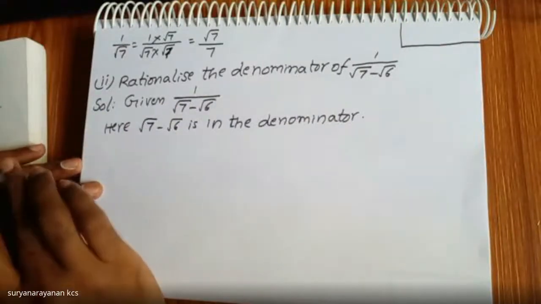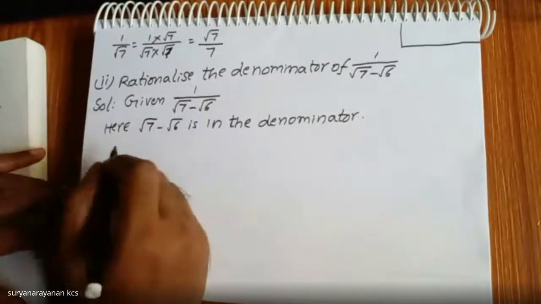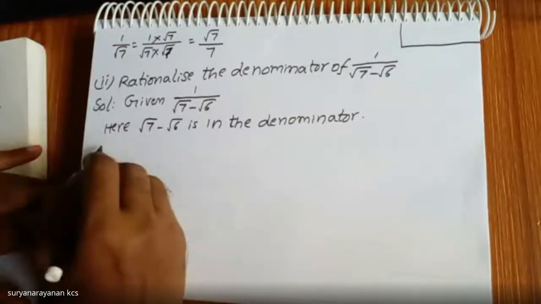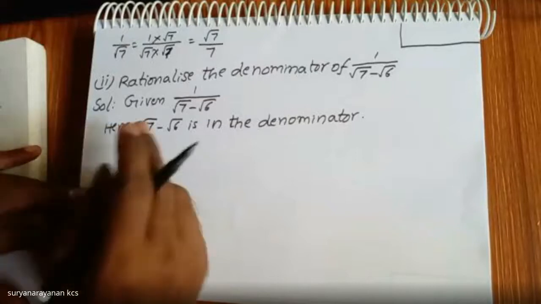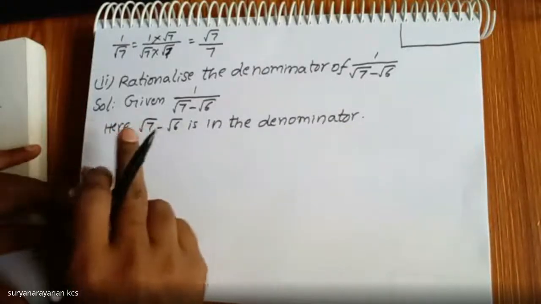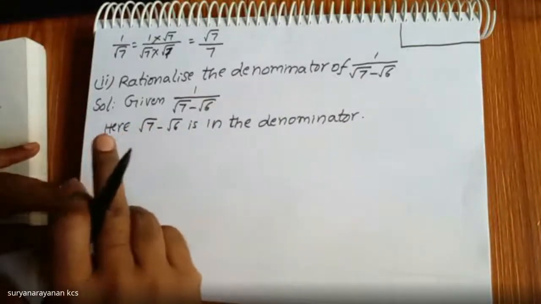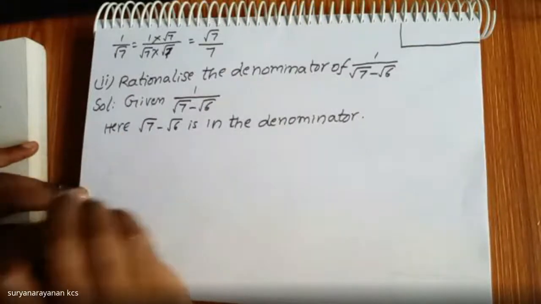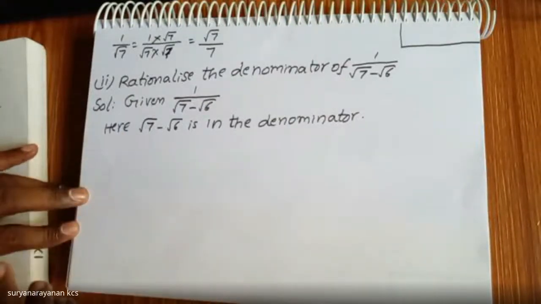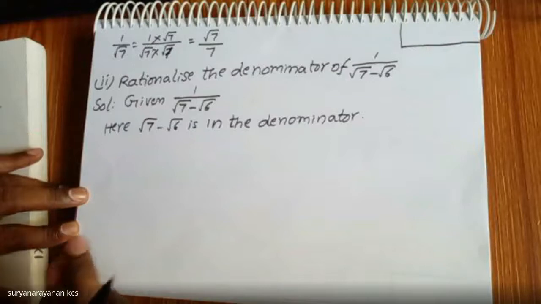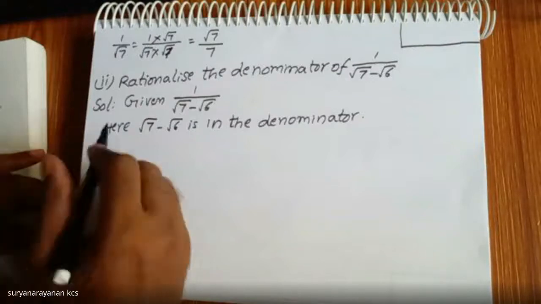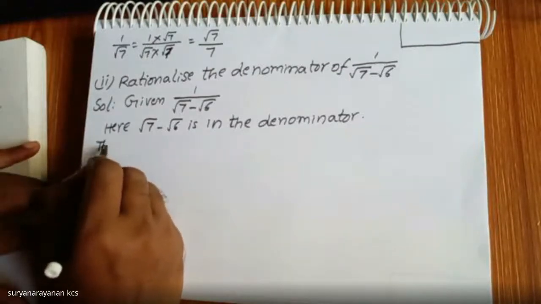Here, Sridarshan replied well to my question. So, that is called rationalizing factor. That root 7 plus root 6 is called rationalizing factor. Remember this terminology also, my dear children. You have to learn mathematical terminology also.